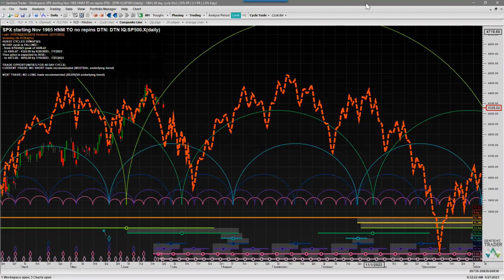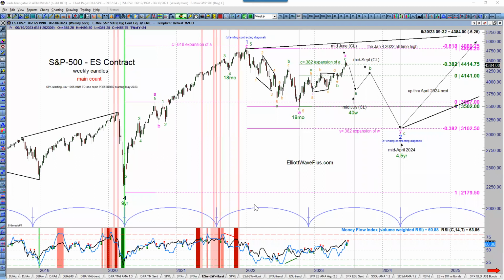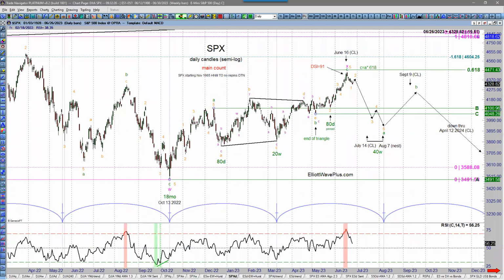Well, for that, we can move back into Elliott wave. And we can use Elliott wave as the deciding factor on whether we would get a new high in September above the high we just saw or not.